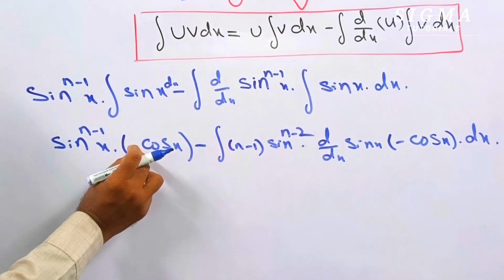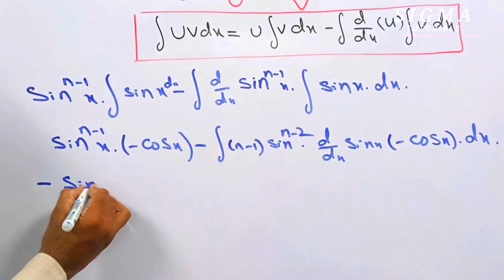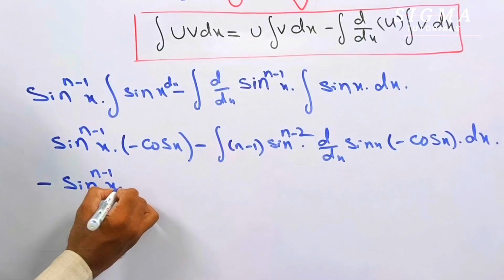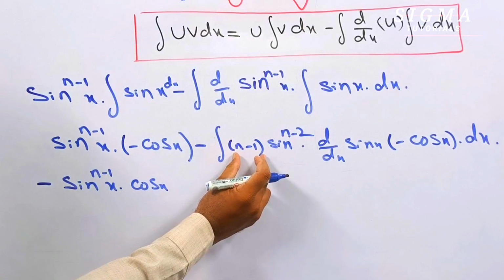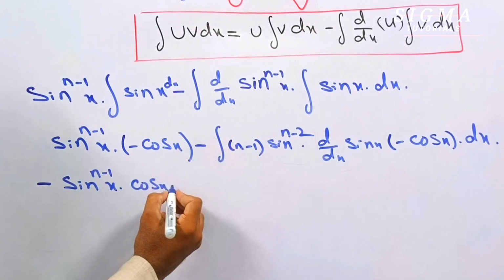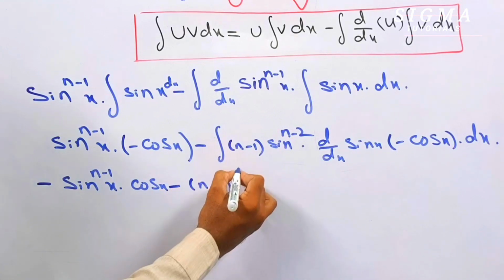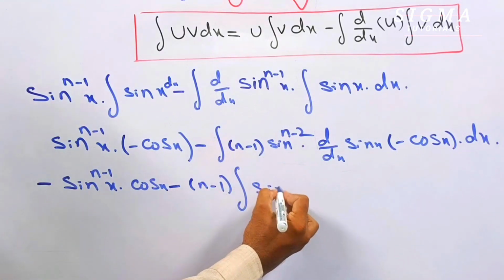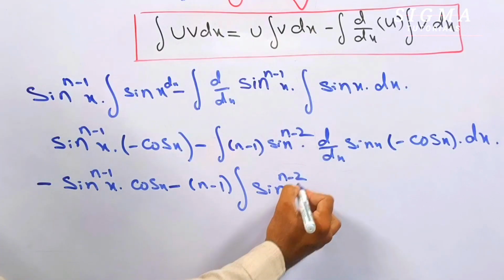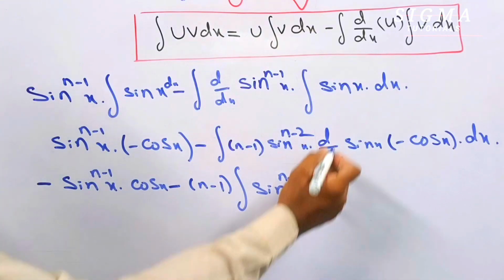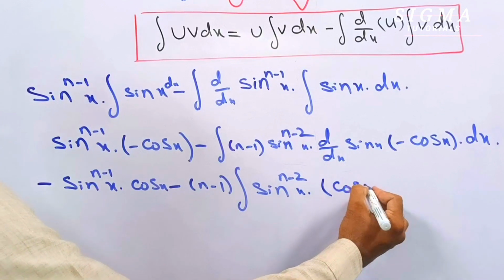In the next step, I will take this minus out. I will write minus sine power n minus 1 x cos x. Here n minus 1 is a constant, so I will write it outside the integration. Now minus n minus 1 integration of the same thing, sine power n minus 2 x, then d by dx of sin x, which will be cos x.